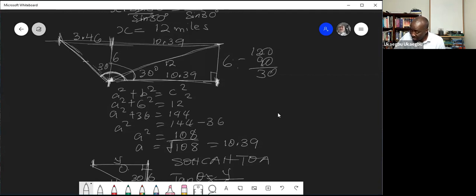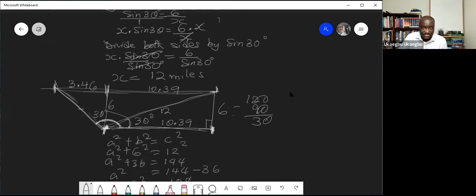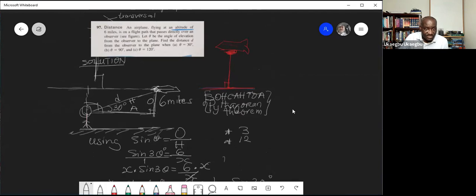So now if you add, that will actually be from here to here. So what was the question again? I'm sorry. The question says, find the distance D from the observer at 30 degree, 90 degree, and 120 degree.